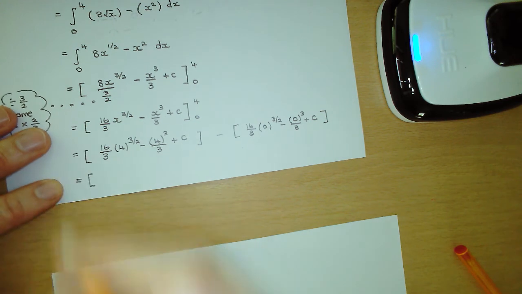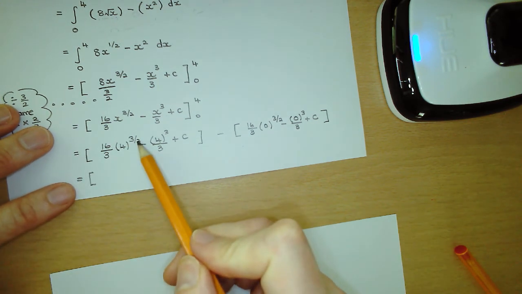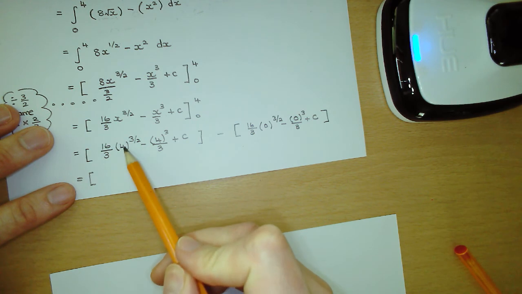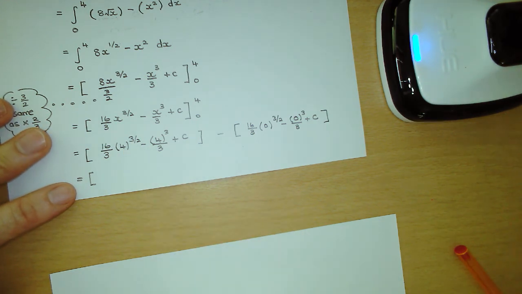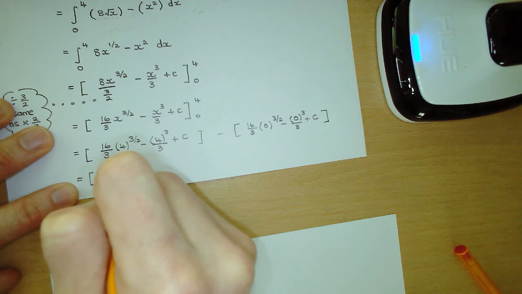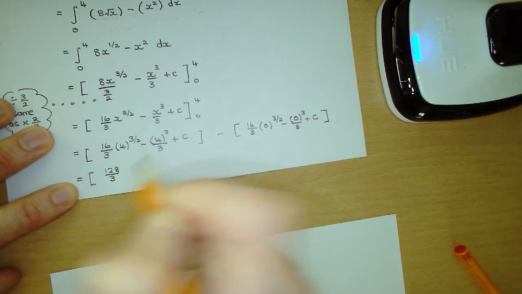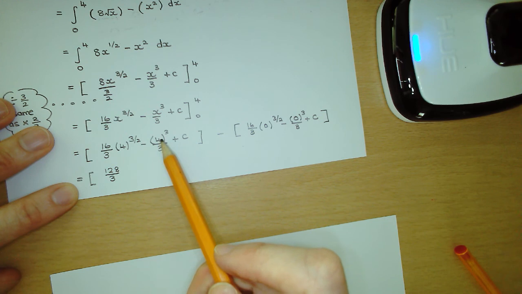Okay, let's tidy up. So first square bracket, we have 4 to the power 3 over 2. So we're taking the positive square root of 4, which is 2, and then we're cubing it. 2 cubed is going to give us 8. So we've got 16 over 3 multiplied by 8. That's going to give us 128 over 3. And then 4 cubed is going to give us 64.